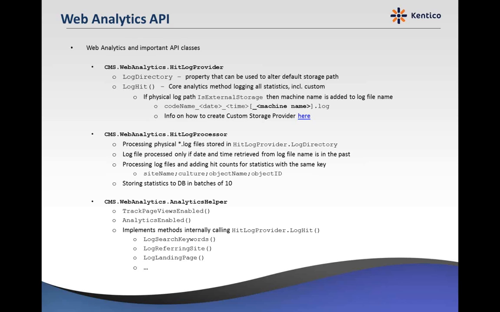The LogHit method is actually checking internally whether the physical storage is the default one or whether you are using a custom one. And in case it's custom, then it will append the machine name into the name of the log file. So what I'm trying to explain is that this part is optional, and that underscore machine name is added only if it's external storage.